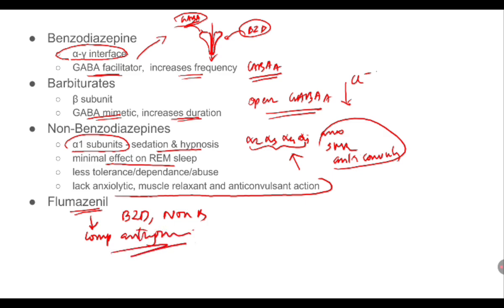Okay, so please note the difference: GABA facilitator, GABA mimetic, and the alpha 1 subunit action having minimum REM sleep effect. This is asked in the question like: the drug which acts on the GABA A receptor with less sleep distortion and less dependence. So the answer is non-benzodiazepine. Among the options, there is a non-benzodiazepine option.